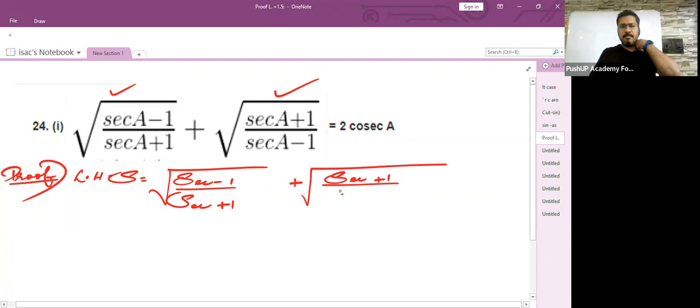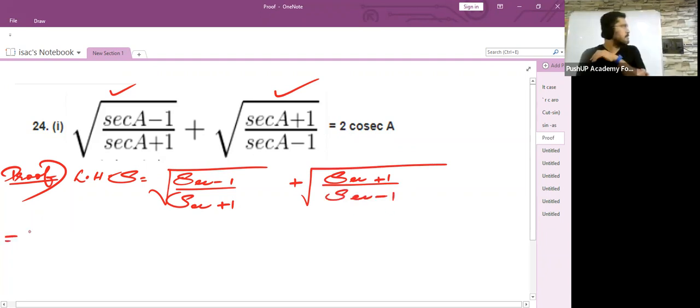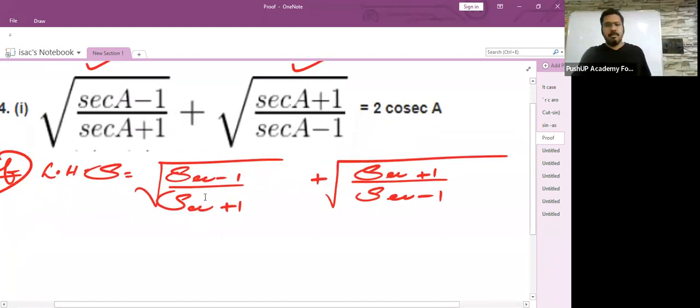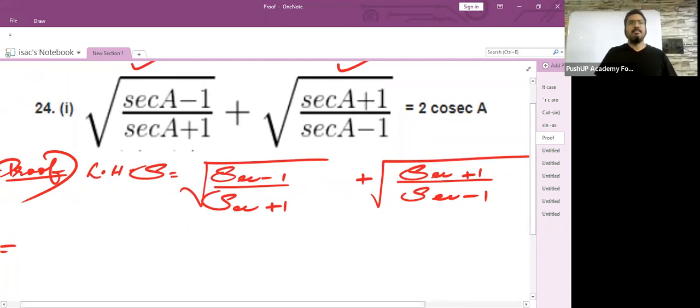So this is the LHS given to us. Fine. Children, you noticed the right hand side is so small. It's just 2 cosec, isn't it?